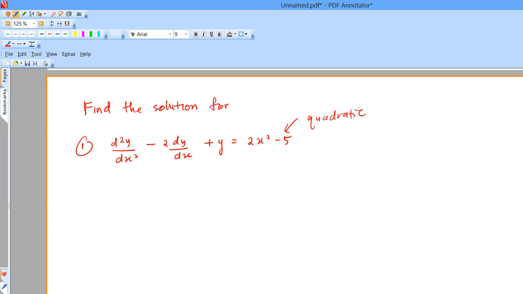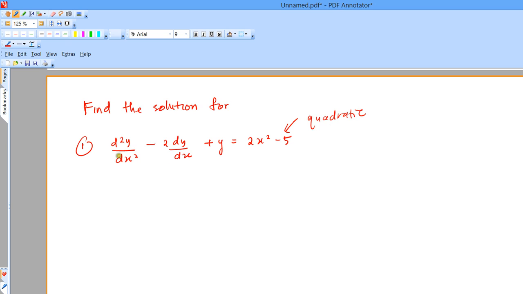Okay, the first step to solve a non-homogeneous differential equation is to solve the homogeneous differential equation. So when we want to solve for homogeneous, we need to set the right hand side equal to 0.